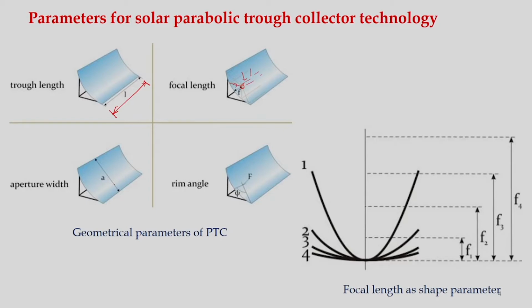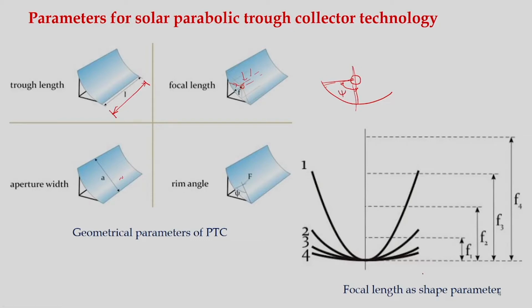And we have the aperture. This is the aperture width, sometimes we represent it as W. Okay. So, this is the aperture width, and the rim angle. If we draw it something like this, and if we take the outermost part of the trough and take this half of the trough, that is nothing but the rim angle. Sometimes it is represented as phi. Okay.